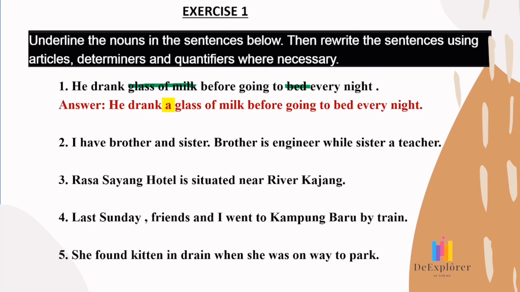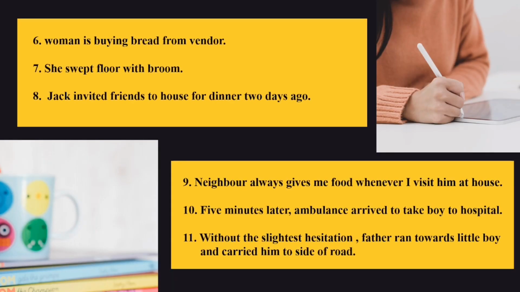Okay, we'll start now. Do the same for question 6 to 11. Read the question, underline the nouns, then decide whether you need to put an article, a determiner, or a quantifier in front of the noun.